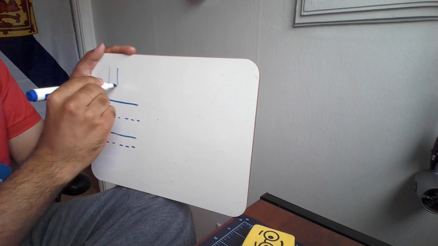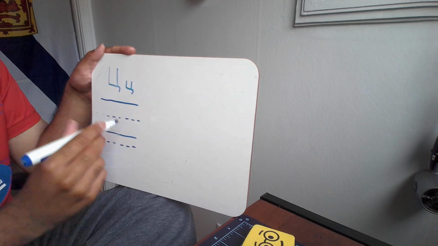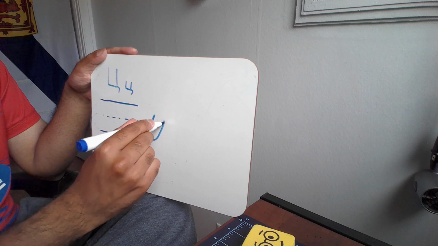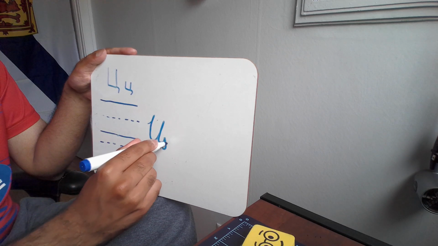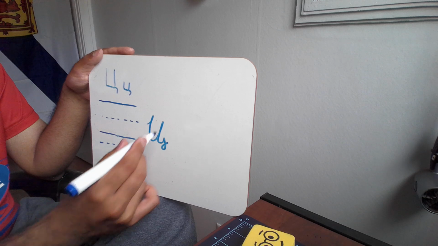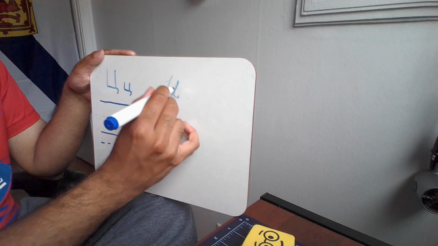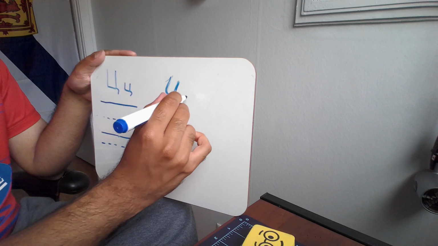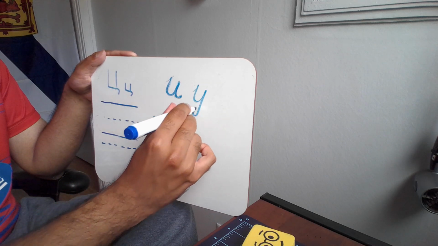Next we have tse. This is the one that looks like a U, and then it has this little tail at the end of it. It's important to distinguish it both from E, which looks like this in cursive, and U, which looks like this in cursive.